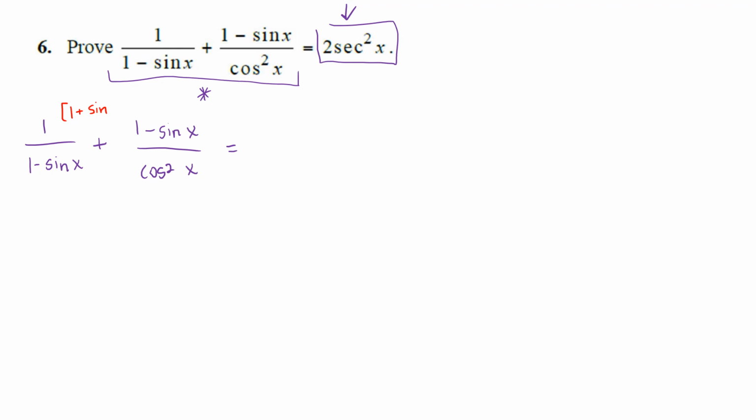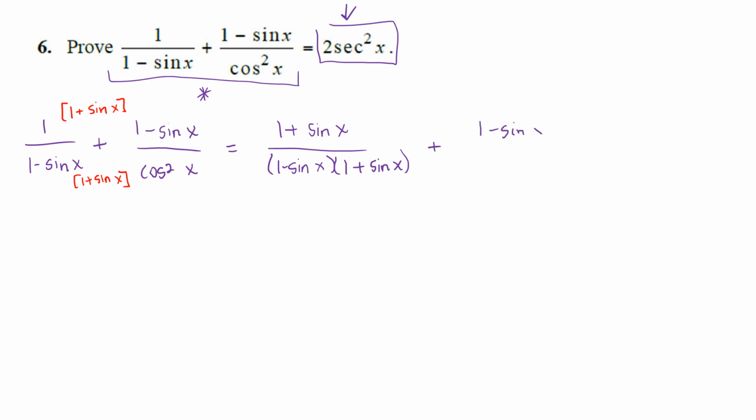Let's get that sine x. 1 plus sine x. And in doing so, that will get me 1 plus sine x divided by 1 minus sine x times 1 plus sine x, which is written in the formula of the difference of squares.